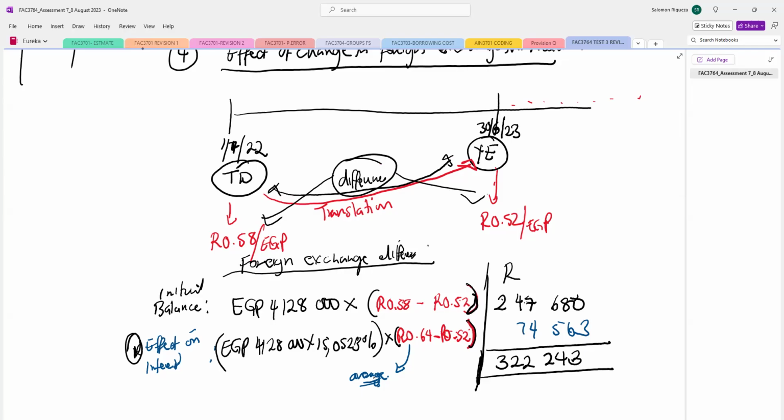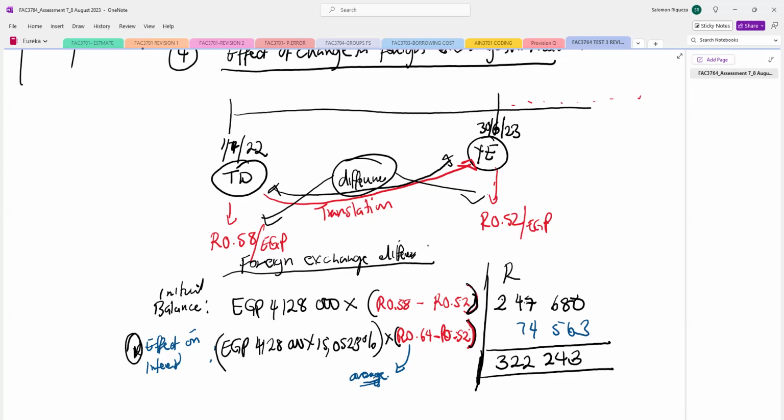So I use my balance to calculate the difference, which I think is straightforward. You take the Egyptian pound value multiplied by the difference in the foreign exchange rate. We're doing the same with interest. However, with interest, we're using the average rate, the one that they had used initially, and then we're comparing it to the rate at the end of the year. Remember, we're doing this at the end of the year.